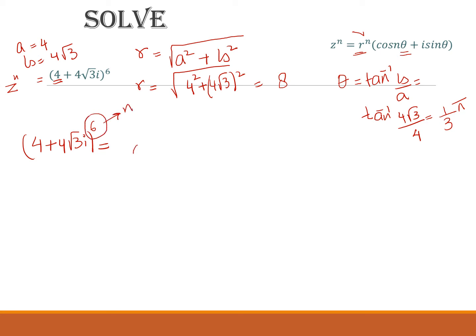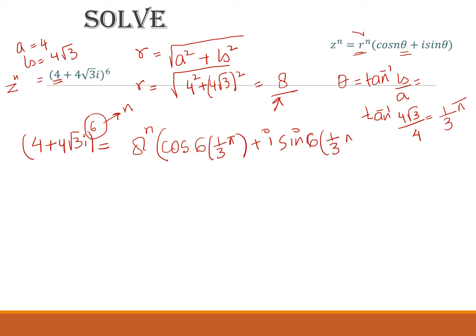Your r is 8, and now cos nθ: cos of n, which is 6, times θ, which is π/3, plus i sin of 6 times π/3.